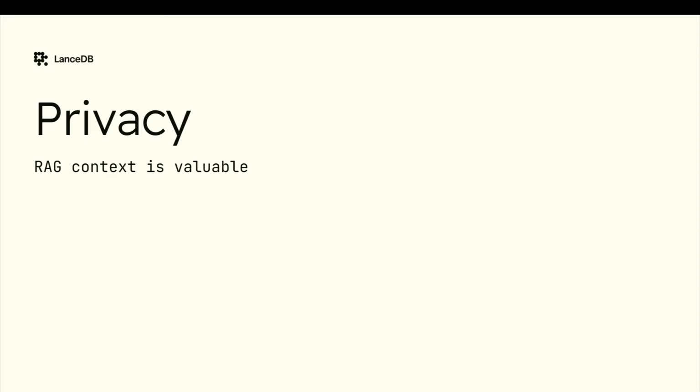Okay, problem number three was security, privacy. The RAG context that you retrieve is extremely valuable. If you think about it, models are still advancing quickly, but they will commoditize. And I think we're already seeing a plateauing of the improvement in quality in models.